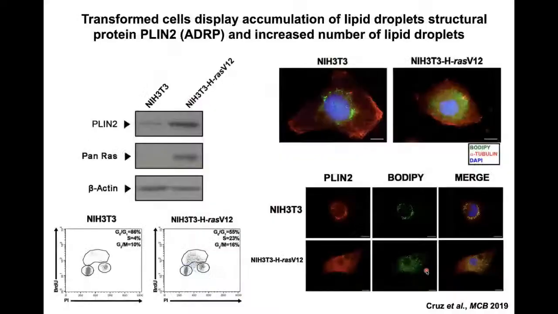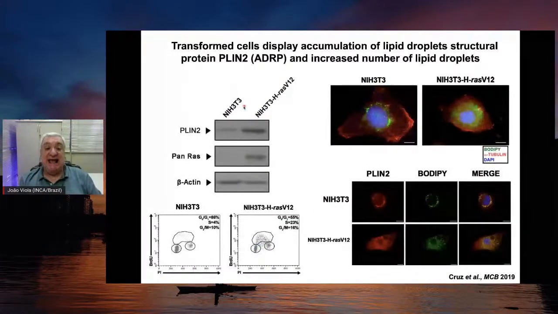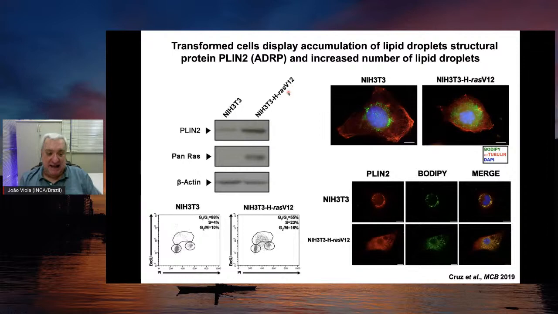Finally, we transform NIH-3T3 cells again with HRas V12. And what we see, when we transform the cells with this oncogene, is an increased number of RDRP.